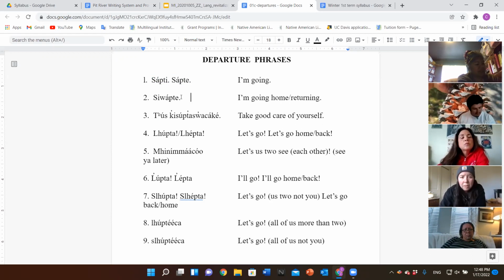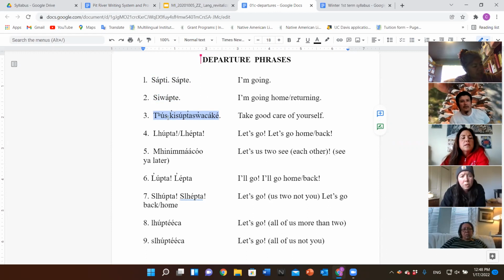Or you could say siwapte, which means I'm going back or I'm returning, but it can refer to I'm going home. So siwapte. And then this is a longer one, tus kesuptas wachege.